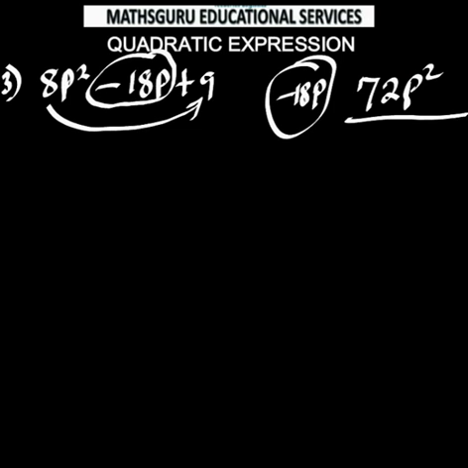Of course, the first number to consider is 1, and 72 itself. 1 times 72 will give 72. That is 1p times 72p will give 72p squared. Then we move on. But 1 plus 72 or 1 minus 72 cannot give us negative 18p.